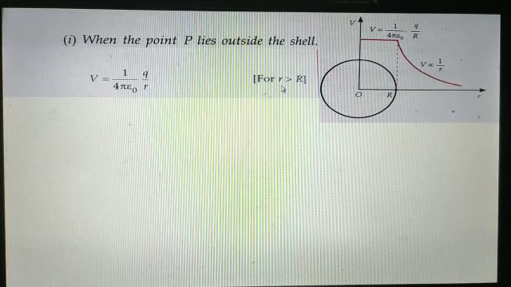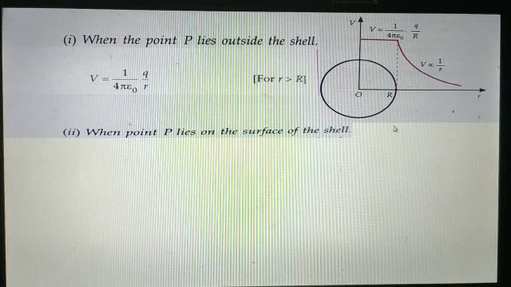Because the point is outside the sphere, small r is greater than the radius of the sphere, so we see that V is inversely proportional to r, so a negative exponential curve is here.